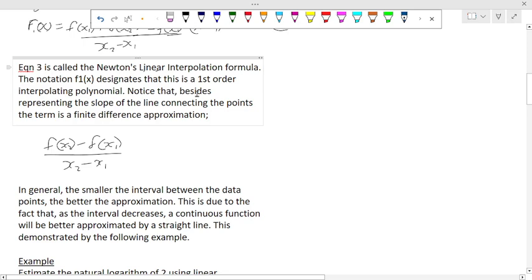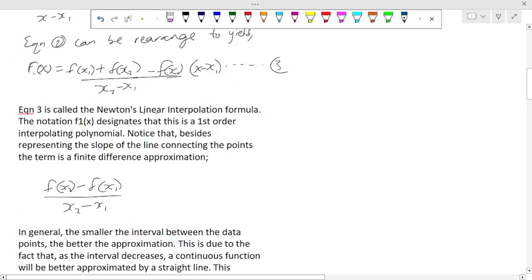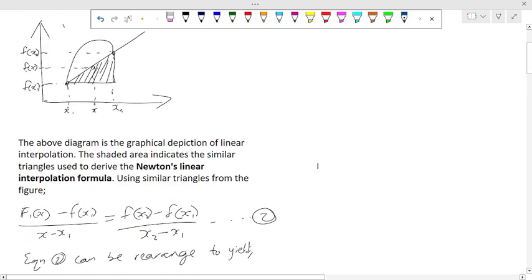Besides representing the slope of the line connecting the points, the term is a finite difference approximation. So we have definite points, like from this point to this point, this point to this point.